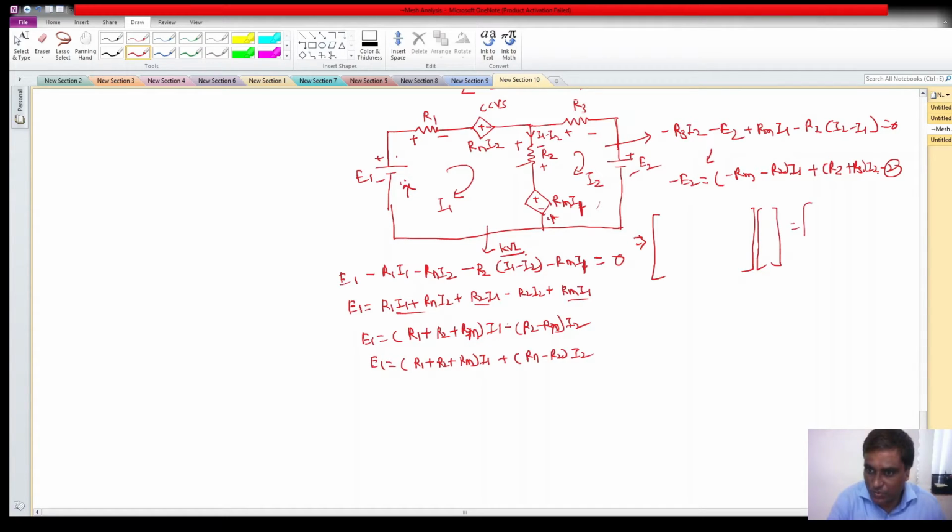With that we can put it into linear algebra form. The unknown currents are I1, I2. In mesh 1, current goes out of the positive terminal of independent battery E1, so this will be plus E1. Coming here, current enters the positive terminal, so it will be minus E2. The diagonal entries are R1 plus R2 plus Rm and R2 plus R3, and the off-diagonal entries are Rn minus R2 and minus Rm minus R2.